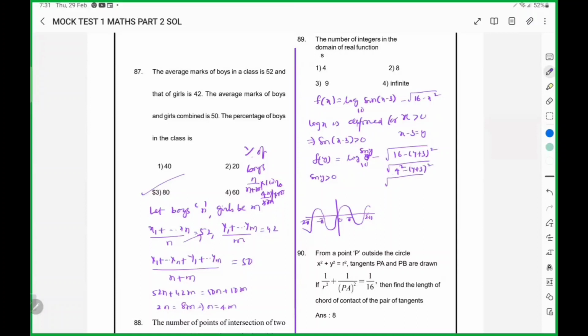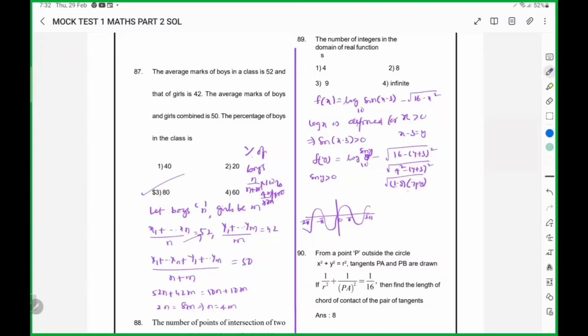So after simplification, 4 minus 3, 1 minus y, 4 plus 3, 7 plus y.